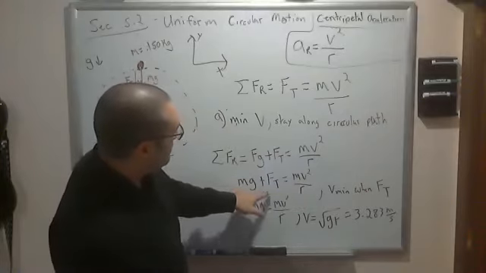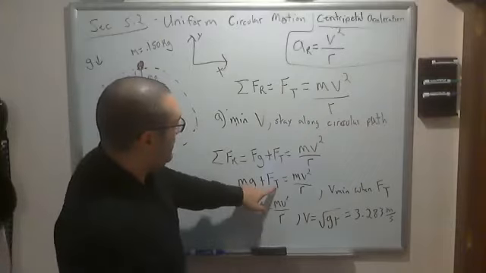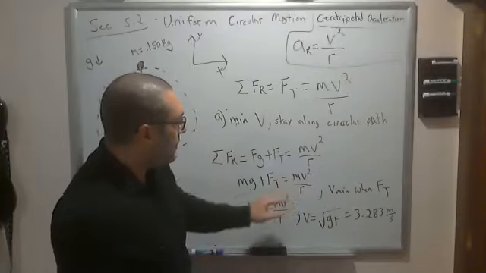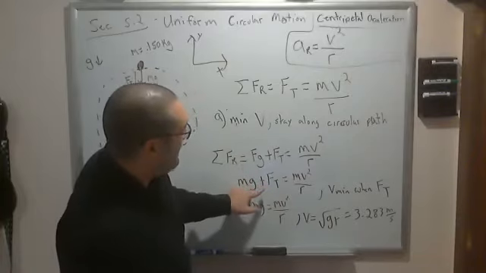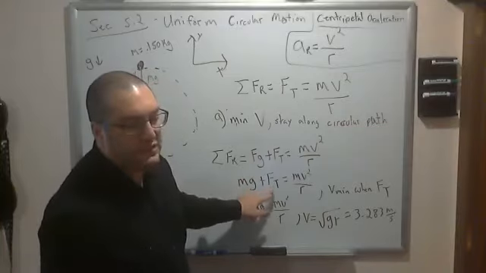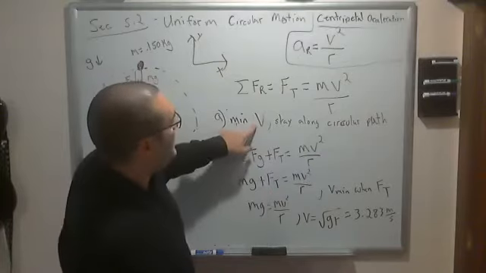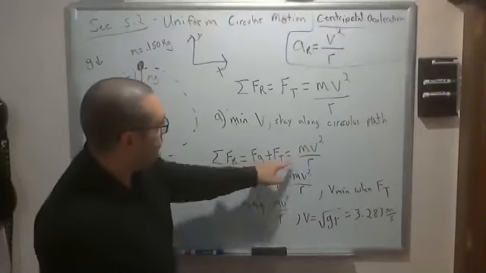So to keep it in circular orbit over here, if we have an FT, we have to increase V, right? The minimal centripetal force that we can have is when FT is 0. We're trying to find the minimum V. V is related to the forces through this equation.